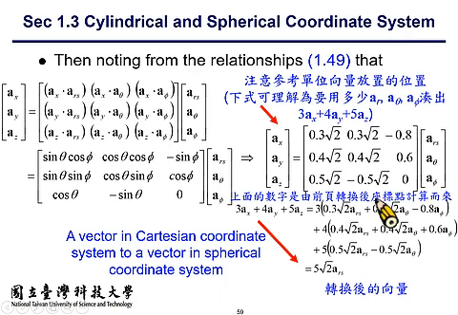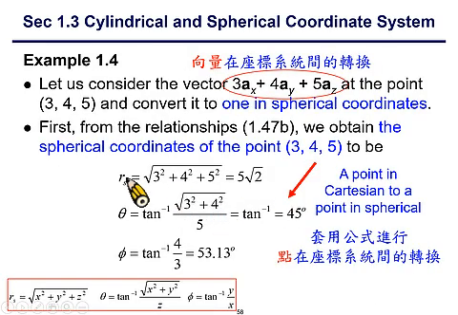What is the implication of this result? The first thing is that in the previous slide we found r equals 5 times square root of 2. This one is important. Theta is 45 degrees, phi is 53 degrees.